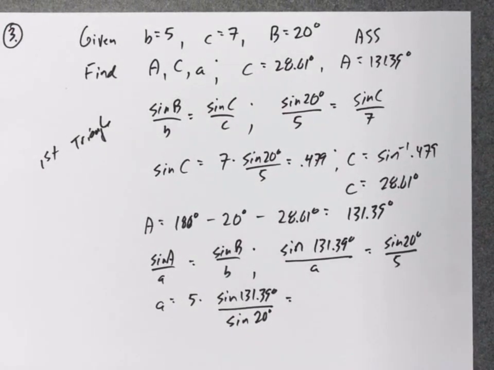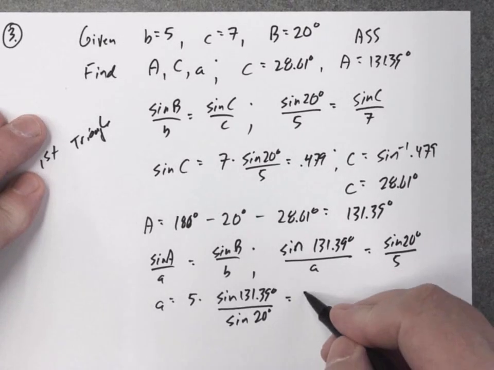Make sure you're in the degree mode. Grab your calculator. 131.39 the sine divided by 20 the sine times 5. So it looks like 10.97 will be side A.